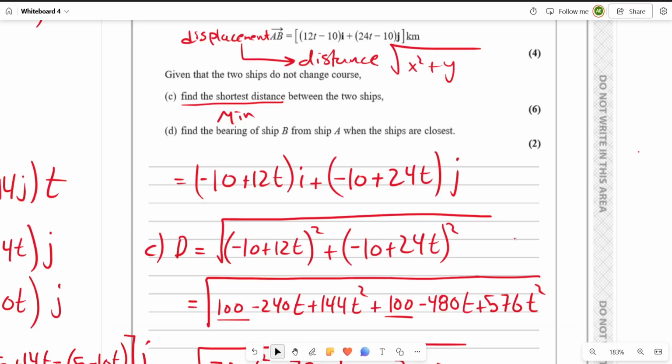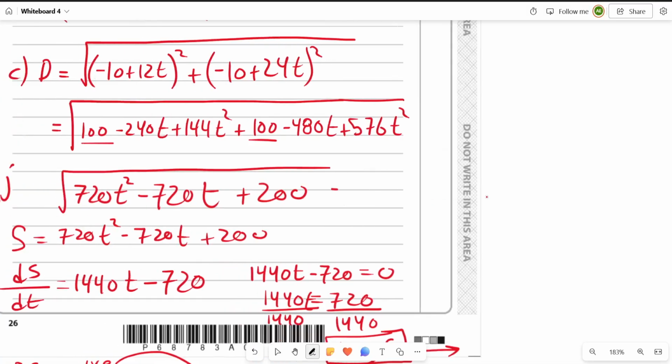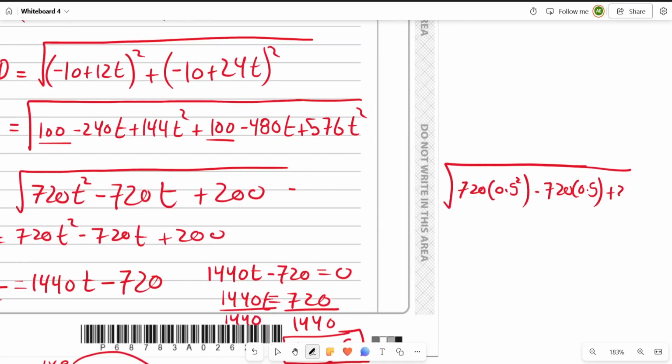So what we do, very simply, we just substitute 0.5 into this expression over here. Let's write it over here. So the square root of 720 times 0.5 squared minus 720 times 0.5 plus 200.